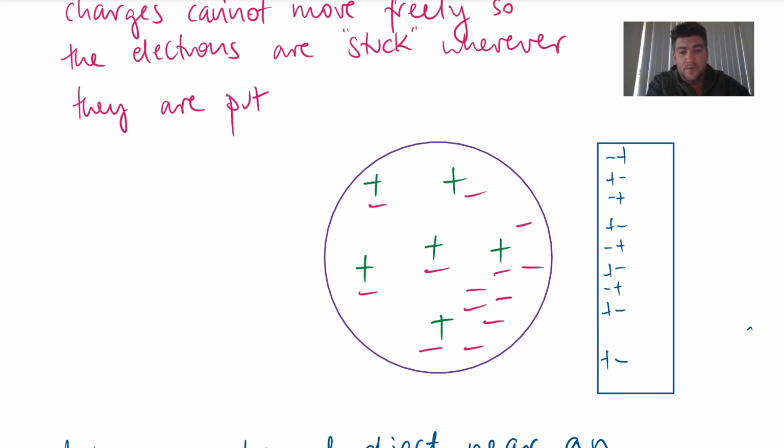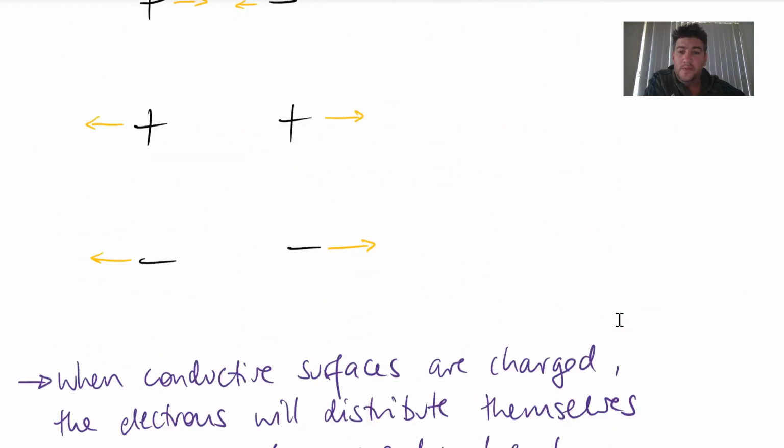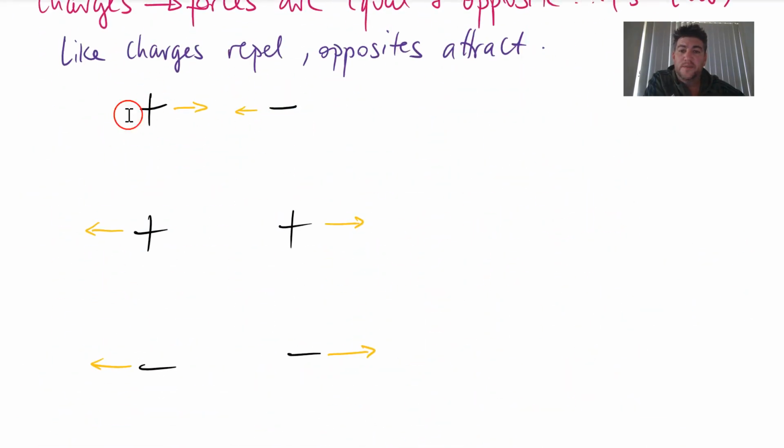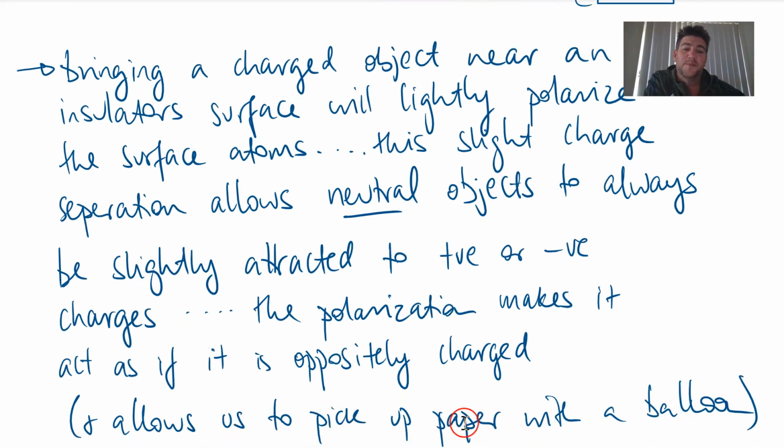So these two would kind of flip around like this, and these ones would also flip. Now you can see the outside surface in this region here is actually positive, which means that my round surface with a whole bunch of excess charge here is going to be attracted to this, because what we've done is force this surface to be oppositely charged, just like this one here. This is the idea that allows us to pick up a piece of paper with a balloon when you rub the balloon through your hair.